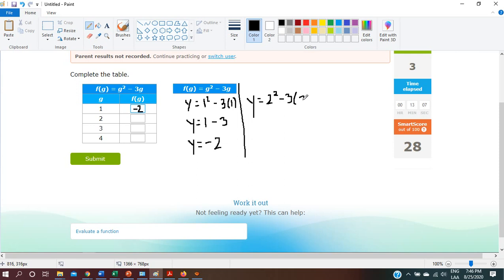And how much is g? We said that it was 2 in this equation. So y equals 2 squared equals 4 minus 3 times 2 equals 6. So y equals 4 minus 6 equals negative 2.